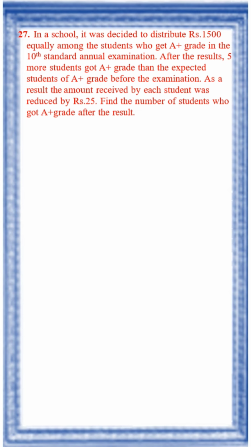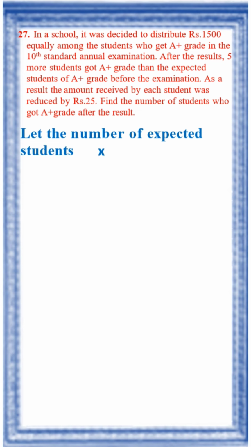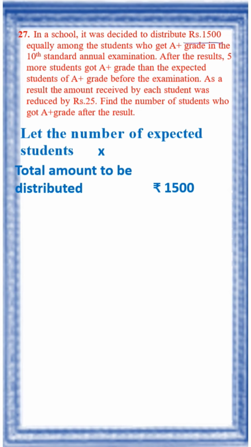Now let us solve it. Let the number of expected students, before the result, be x. The total amount to be distributed is given as rupees 1500.